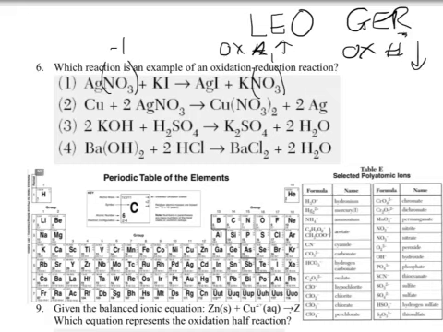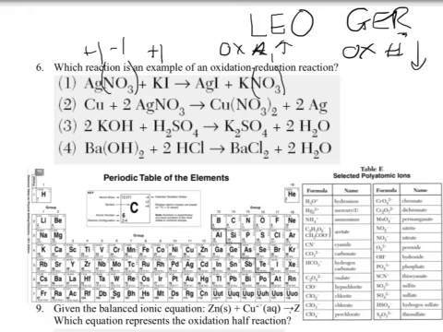Now we have to find the oxidation states of all the atoms in the compounds listed. So the rest of the atoms will be found here on the reference table, on our periodic table. Silver has only 1 listed oxidation number, so silver has an oxidation number of +1. Potassium, again, only has 1 oxidation number, +1.